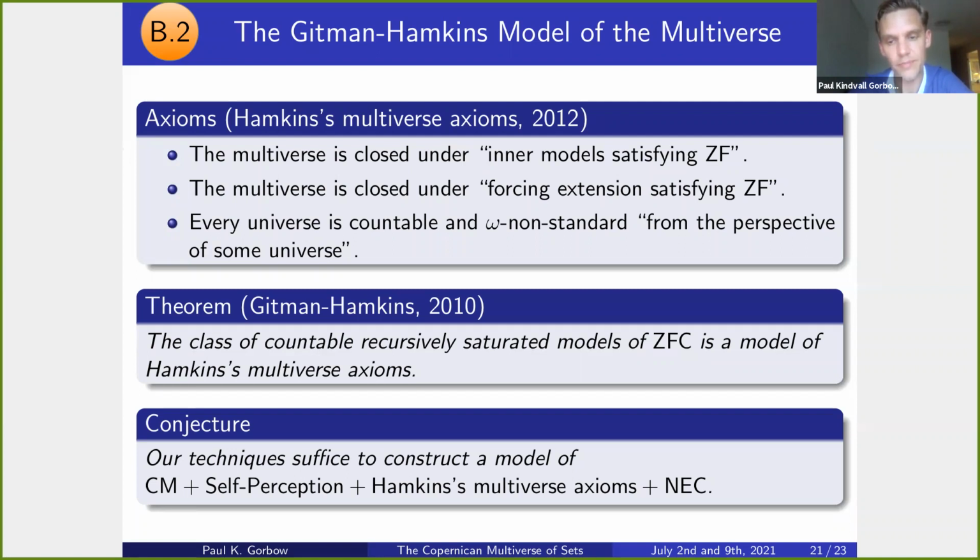Excuse me, could I just ask, because you said that this self-perception axiom is well motivated, could you maybe explain the motivation for it? I mean, maybe I misunderstood it. I understood it as saying essentially, did it say that every model in the multiverse thinks it's isomorphic to the background universe? Was that it? No. It's just saying that one of the universes in the multiverse is isomorphic to the background.